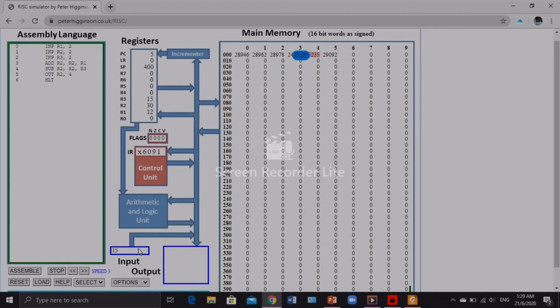The fetched instruction is stored in the instruction register and interpreted, and then the arithmetic logic unit subtracts the 2 numbers from register 3 and register 2, which are 15 and 30, and the answer is stored in register 2.